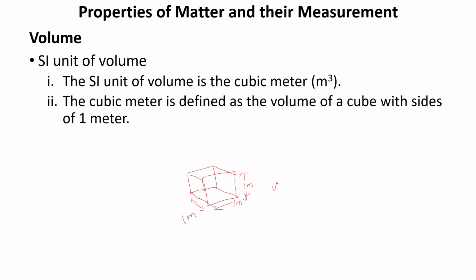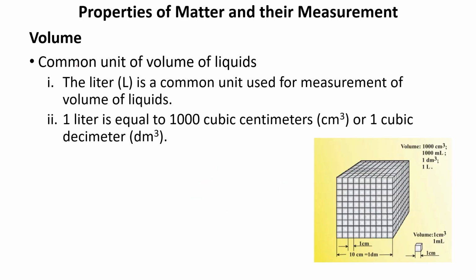If you find the value of the volume, it will be 1 meter multiplied by 1 meter into 1 meter, so it will be 1 meter cube. In this way, we can define 1 meter cube by taking a cube which is 1 meter in length, breadth, and height.